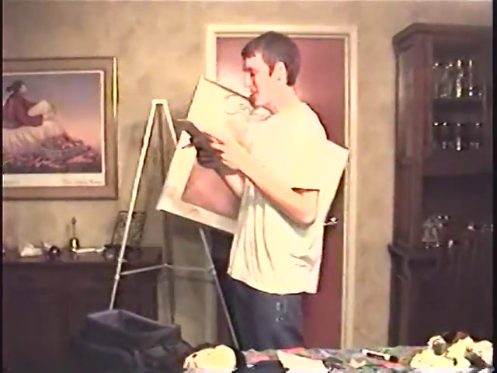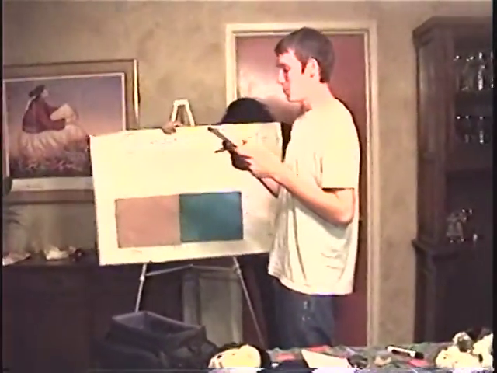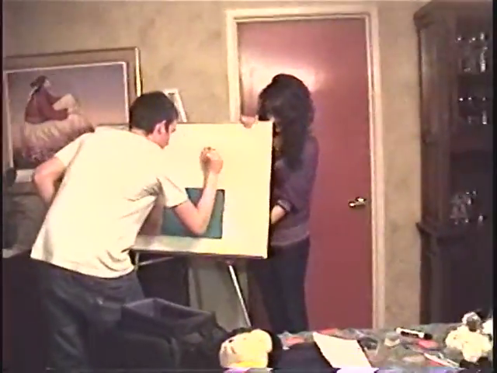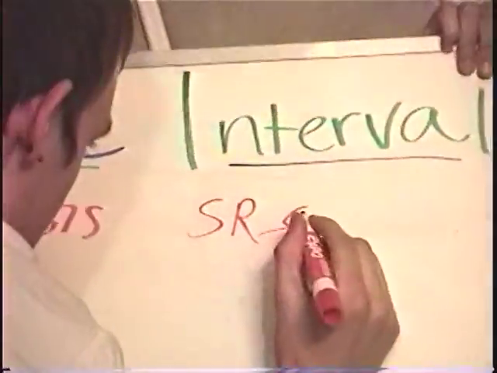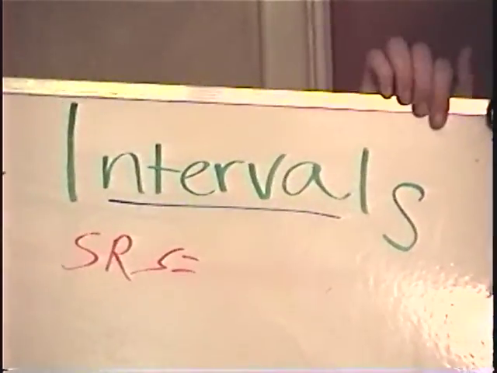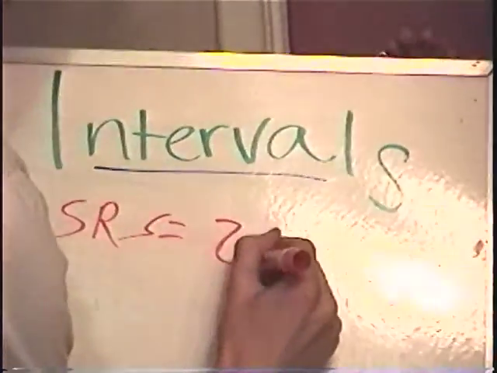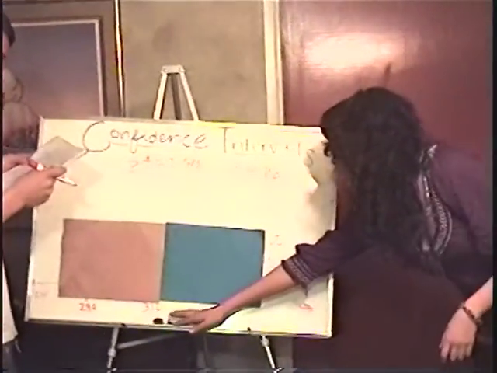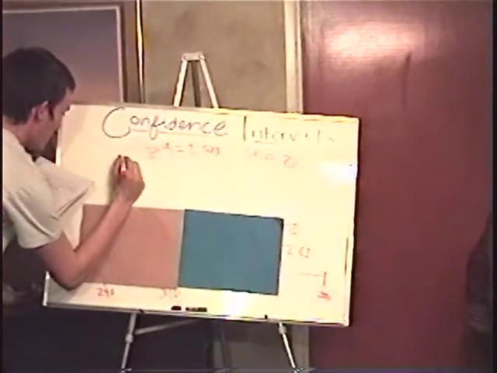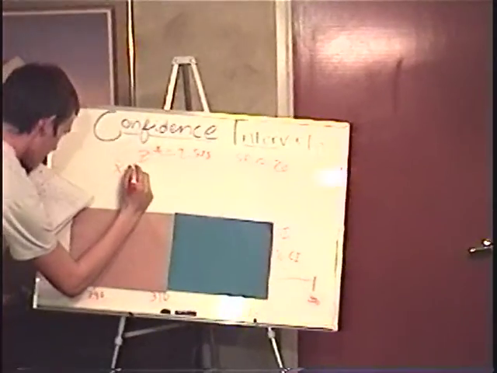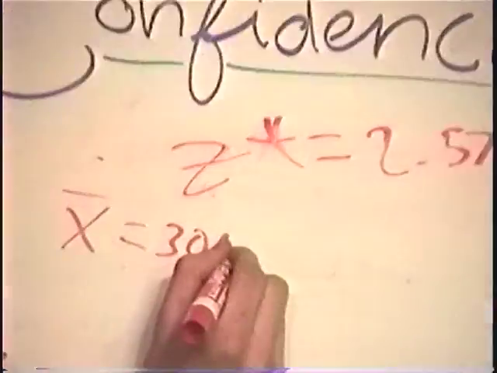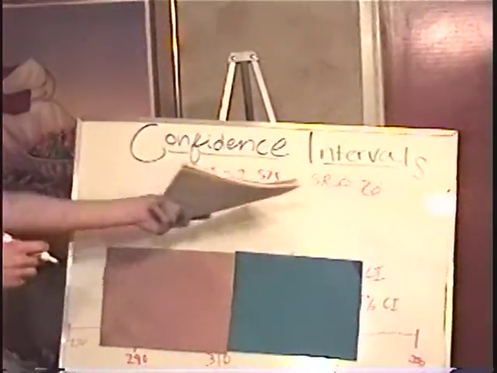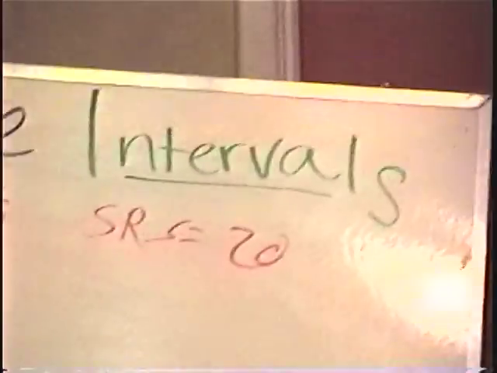For a 99% confidence interval for mu based on an SRS of 20. That's our sample size, by the way. And the mean of the sample is 306.3.